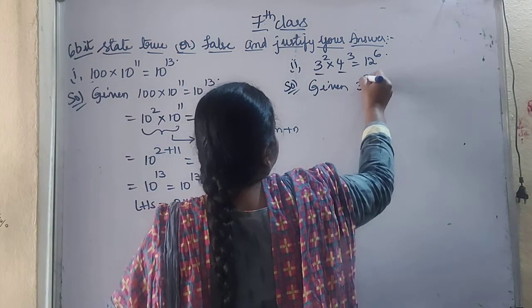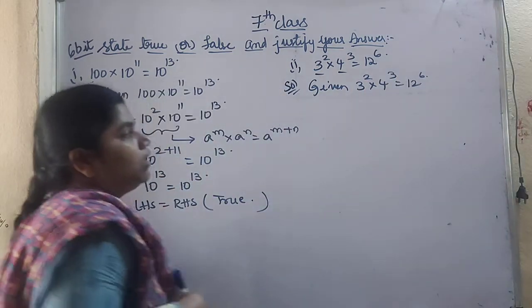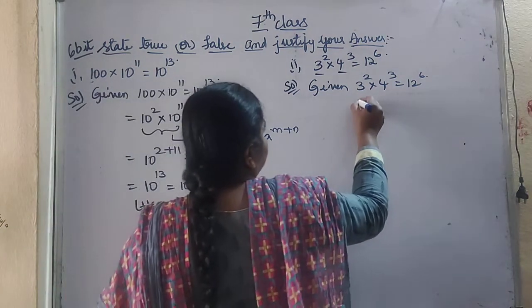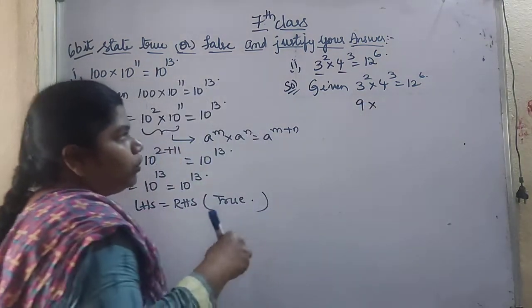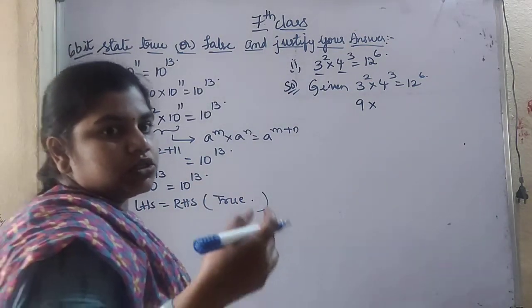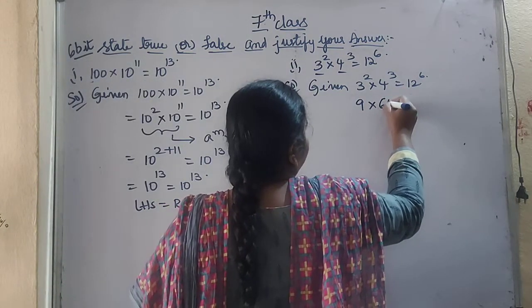Given 3 square into 4 power 3 is equals to 12 power 6 itself. 3 square is nothing but 9, and 4 cube means we have to multiply 4 three times. 4 4s will be 16, 16 4s is 64. You will get 64 here.